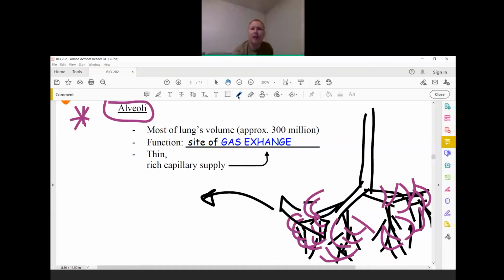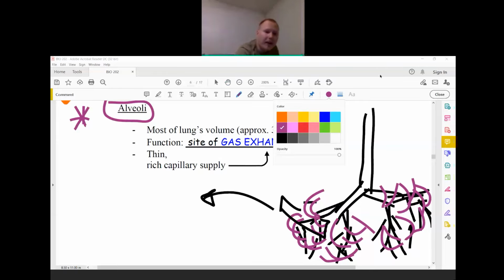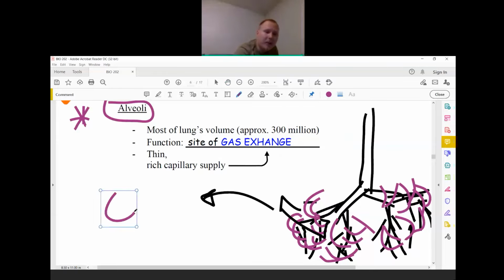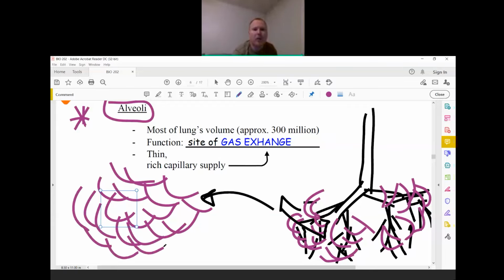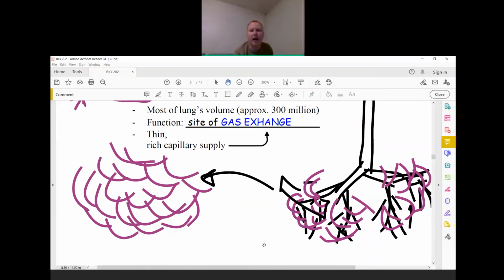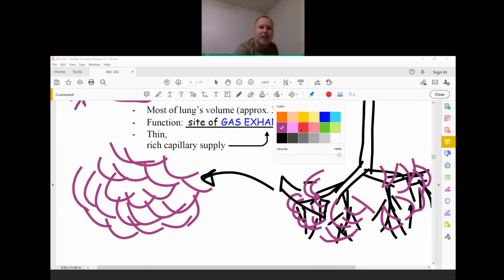So alveoli are very thin walled. There's only a very thin wall there, and that's really the end where the air travels, the final place within the lungs, the smallest area. So you'll notice very thin walls. And another thing that we'll notice there is that there's a rich supply of pulmonary circulation capillaries.